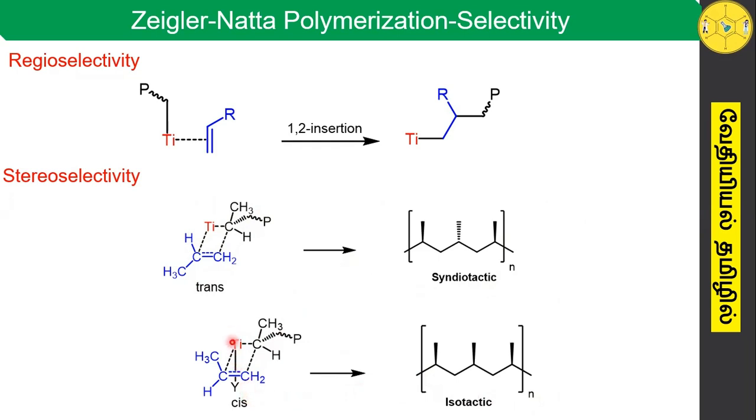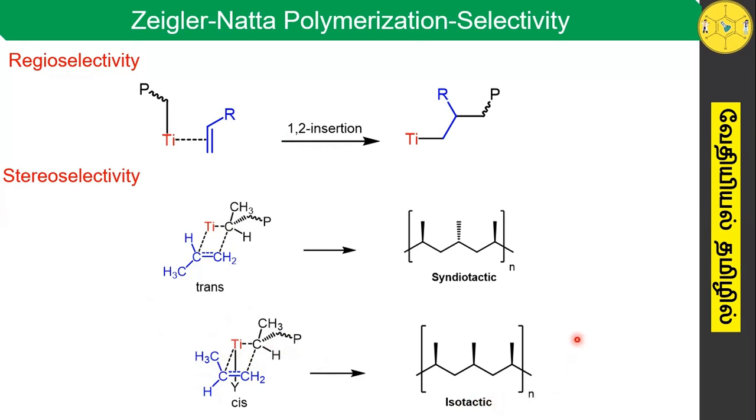When you have some bulky groups in the presence of the titanium complex, such as, think about it, we use some aluminum-based co-catalysts. If the aluminum contains some isobutyl or ethyl group, that makes this transition state form the cis phase. If it forms the cis phase, this produces isotactic polymers.